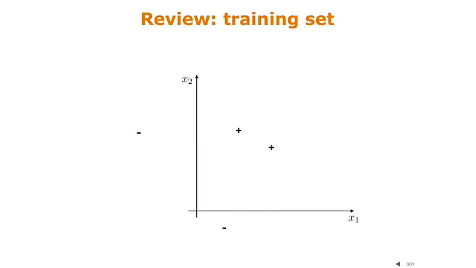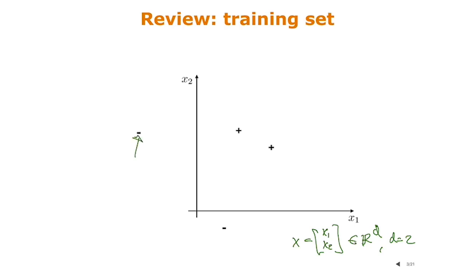Let's look at this geometrically, just as a review here on the plane. So each x here has two coordinates, x1 and x2. So it is clearly a vector in 2D, where d is 2. And its training example is given as a point here.